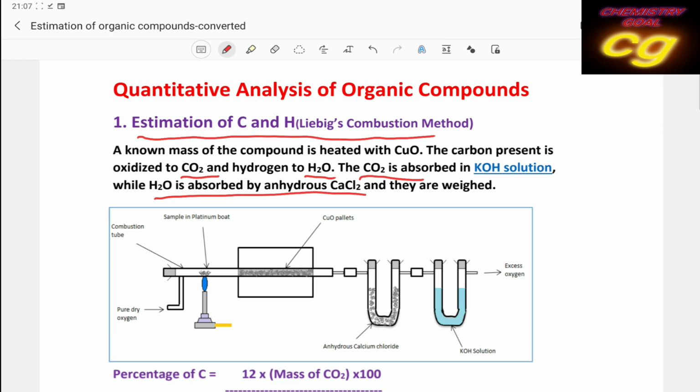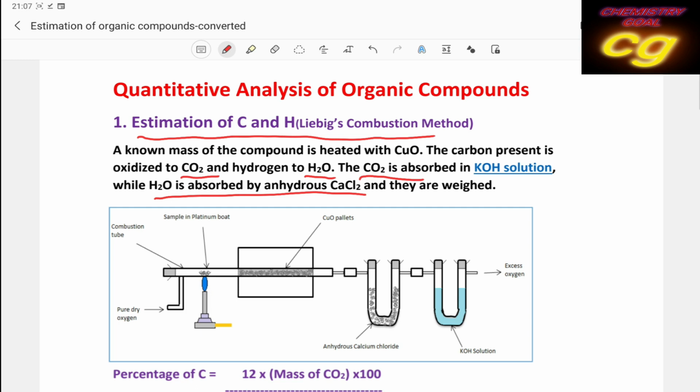Then after the reaction, after heating, the substances will be weighed. The weight will be taken. Then finally, how is the percentage of carbon and hydrogen calculated?